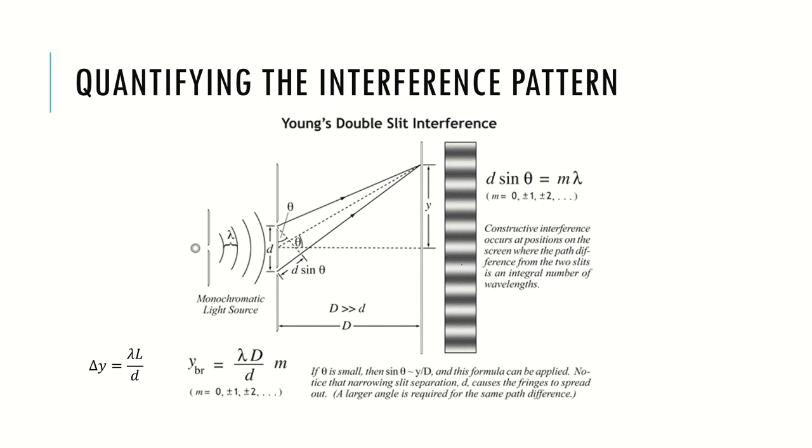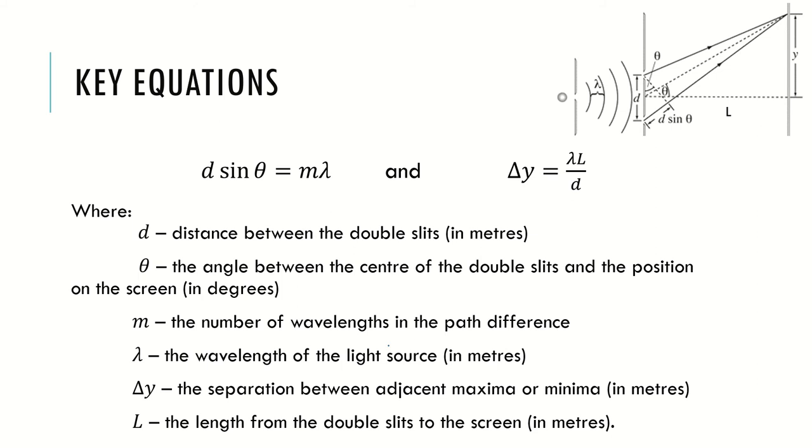If it was the second one, it would be m equals 2, m equals 3, and so on. So m is the number of wavelengths in the path difference. So for constructive interference, it would be integers of 1, 2, 3. If it's destructive interference, it would be half values, so 0.5, 1.5, 2.5 for destructive interference.